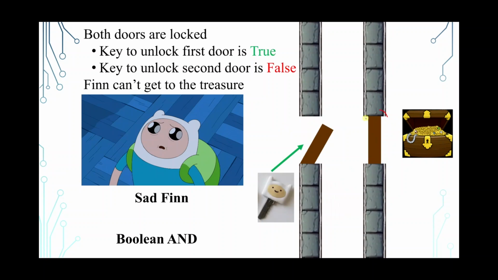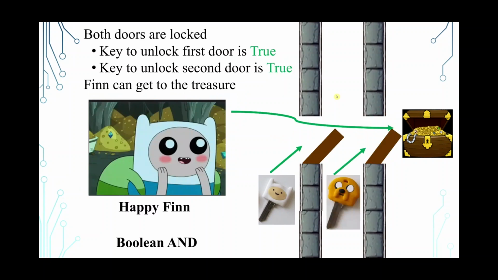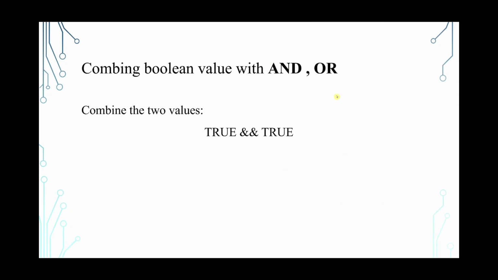In the other case, this one is closed and this one is open. Still, you cannot get to the treasure. But if both are open, then you can get to the treasure, right? So you have to have both of them.